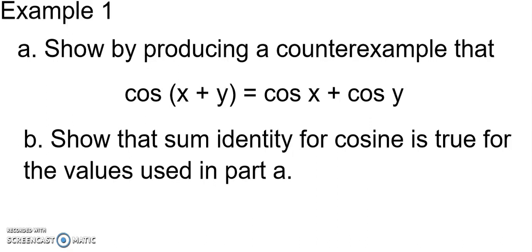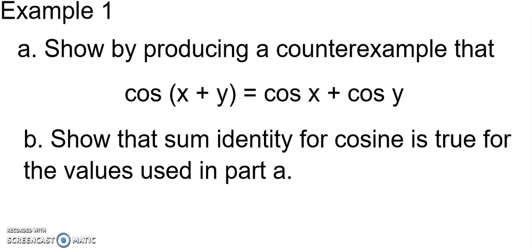All right, so now that we've talked about the sum and difference identities, we're going to go to example one where they said, first off, to produce a counterexample of this. So in other words, show where this would not be true.